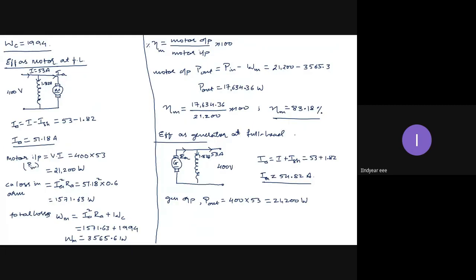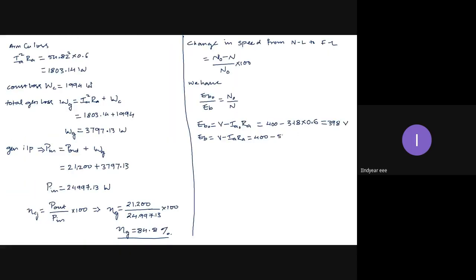So for motor IA is 51.18 into 0.6, which is 369.3 volts. So now n naught by n is equal to 398 divided by 369.3.